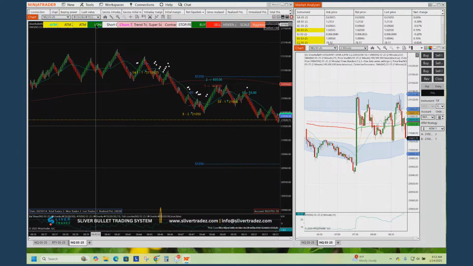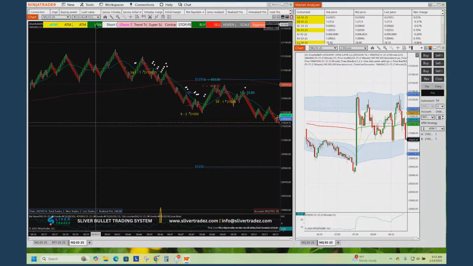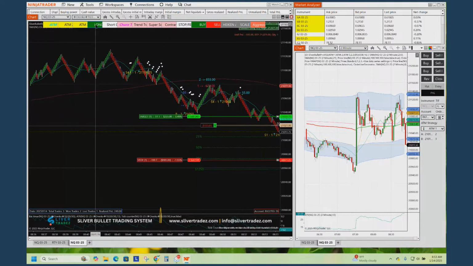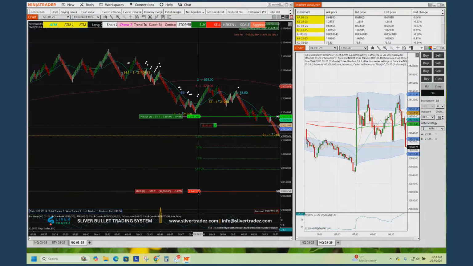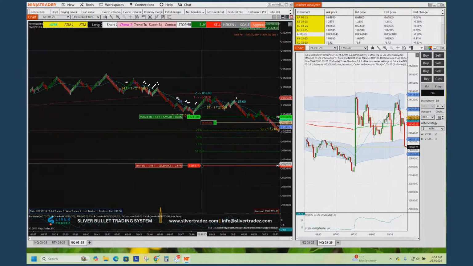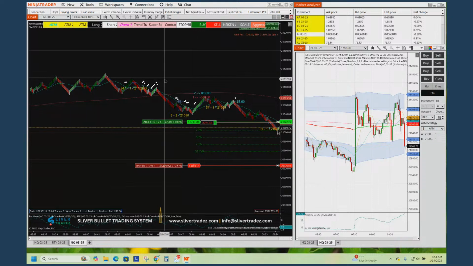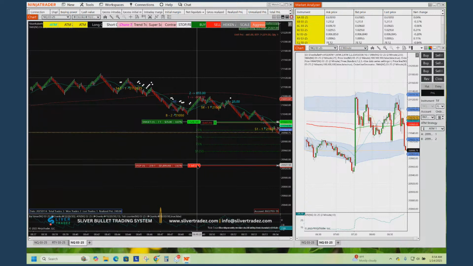So the market is going against this big green bar. Order filled. I'm hoping that we'll still see some upside, but you never know. It's coming down hard. When it comes down hard, I don't like it.